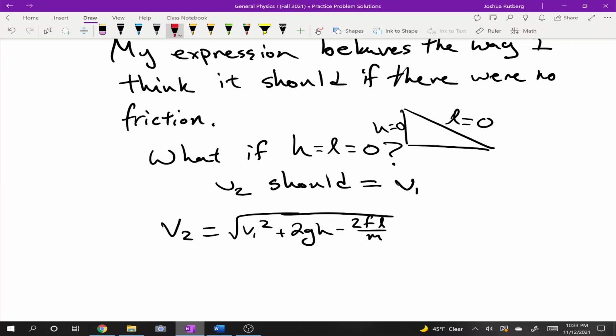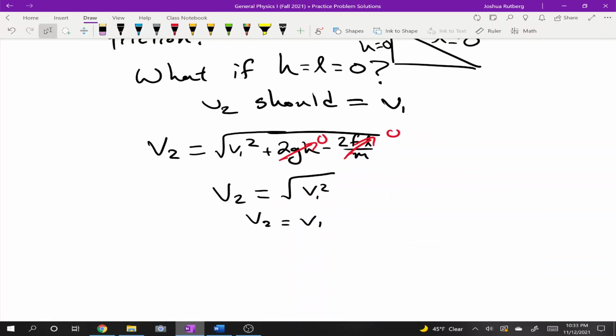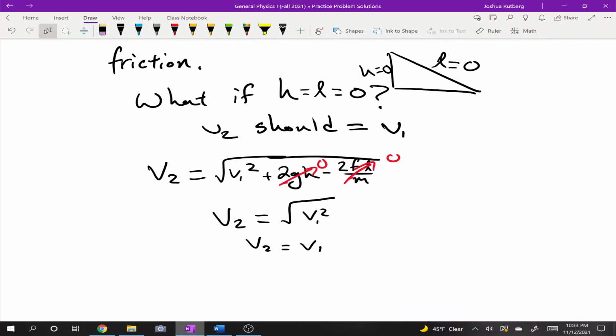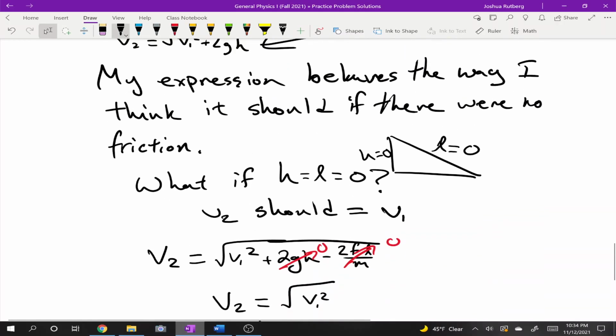I am setting this term to 0 and this term to 0. v2 is equal to the square root of v1 squared. v2 is equal to v1. So that's another way where this equation behaves the way I expect it to if I set things to 0.